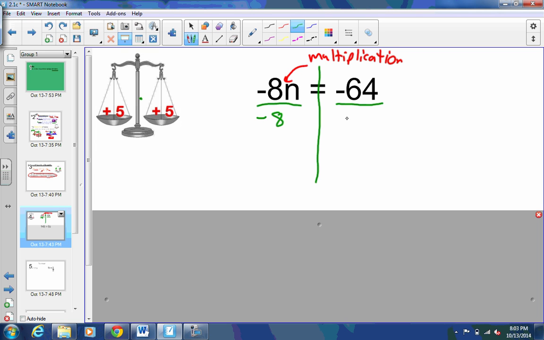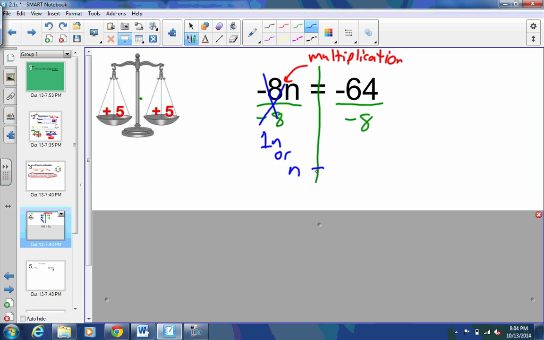So we'll divide this side by negative 8. And when you divide negative 8n by negative 8, the 2 negative 8's will cancel out because that ends up making 1n, or just n. So 1n is the same thing as n.